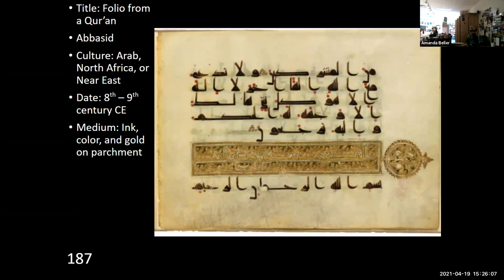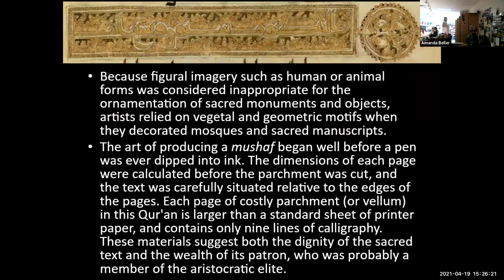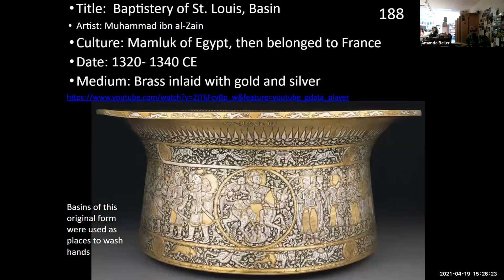Okay, so this is a piece you guys did on your own. The folio from the Quran. We talked about how sad it is when people Sharpie things. We never Sharpie things, right? Okay, hopefully y'all got that. The Baptistry of St. Louis, you did this piece on your own, or are supposed to. If you haven't written down the info for it, do.